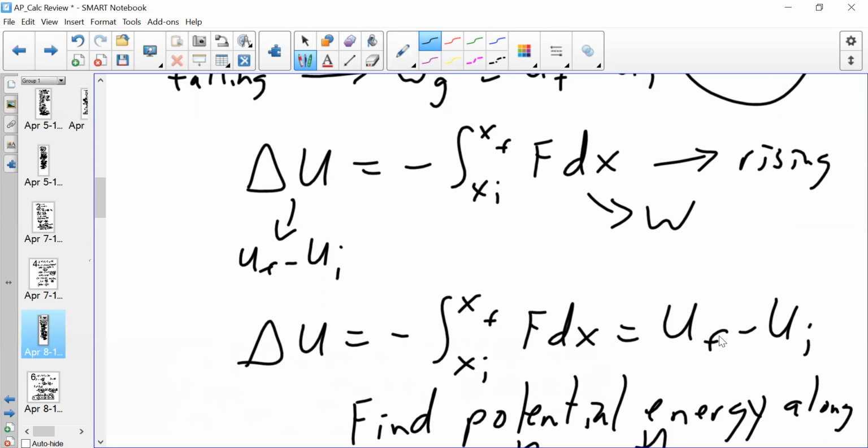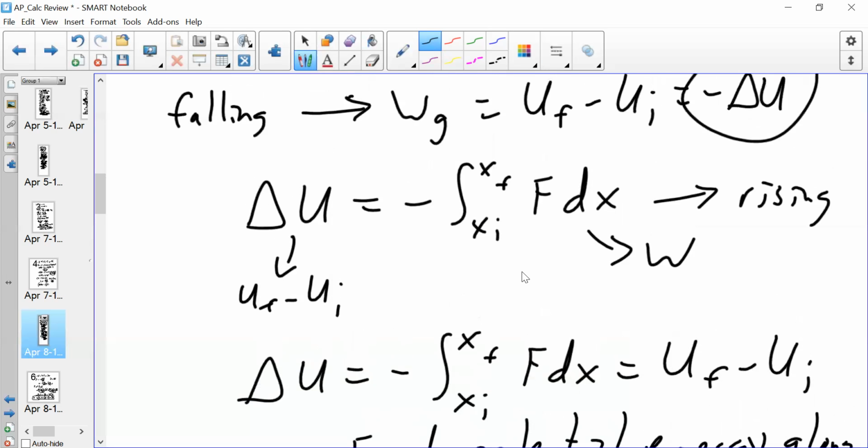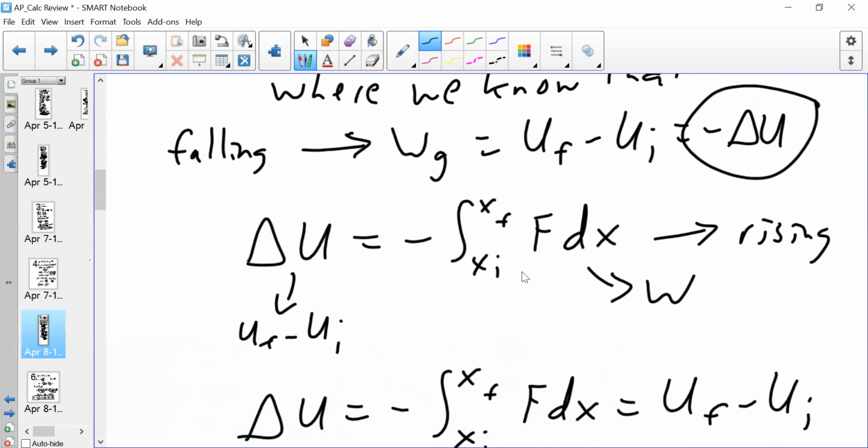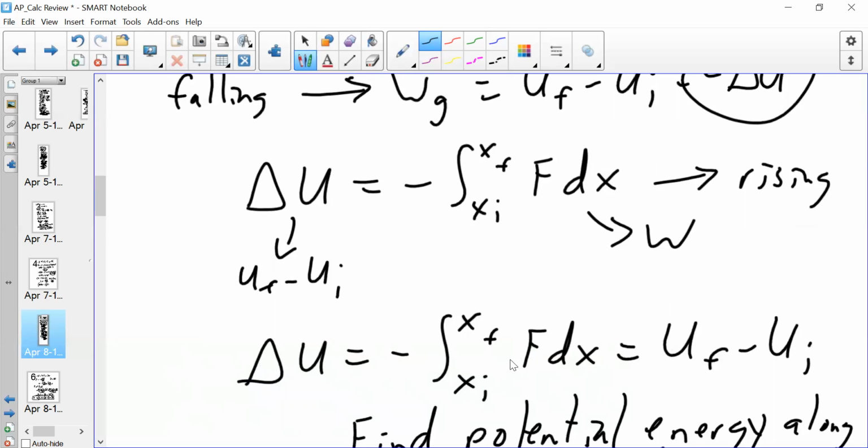U_F minus U_I, if this is 0, this is 5, it's going to be negative. Yeah, the work done here is going to be negative, because the force and the displacement are in opposite directions.